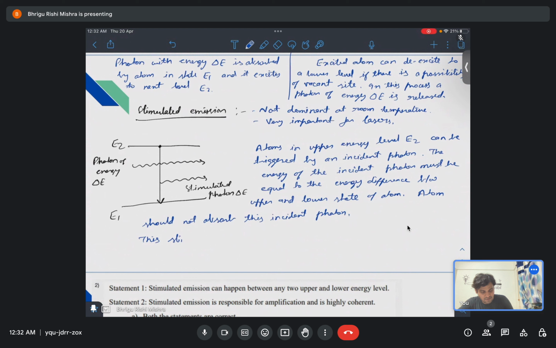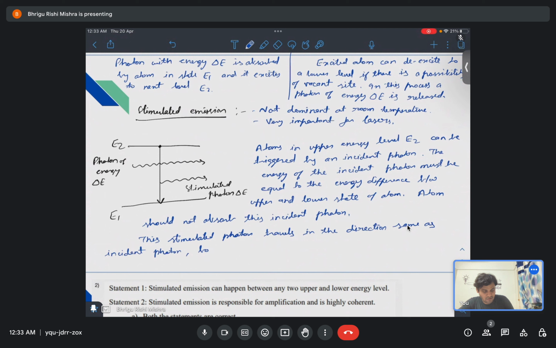Okay, so this stimulated photon with the same energy also travels in the same direction as the incident photon, and also is in the coherent state with the incident photon. Okay, so the stimulated photon travels in the direction same as the incident photon.